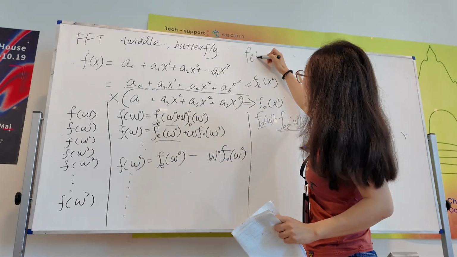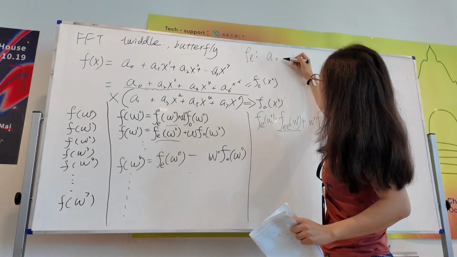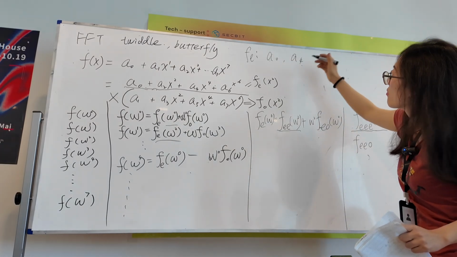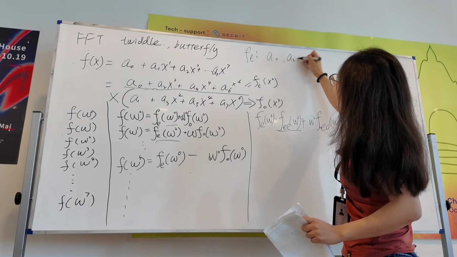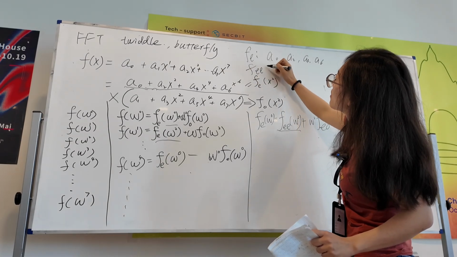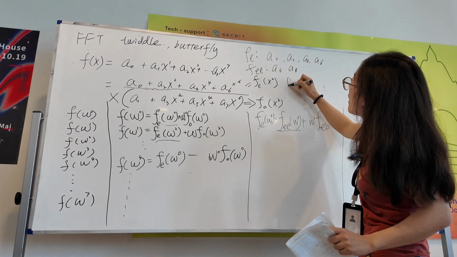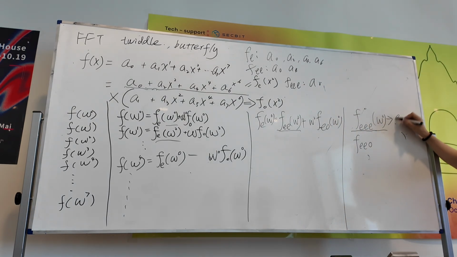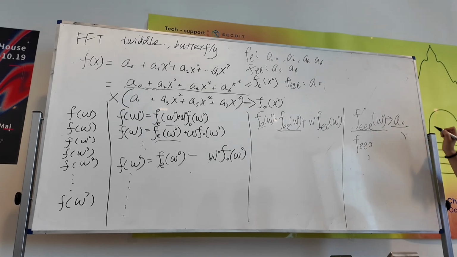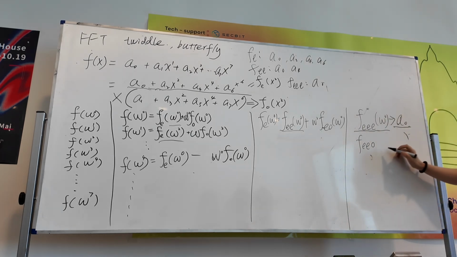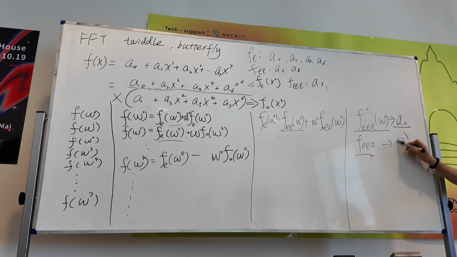In FE we have A0, A2, A4, A6, and in F even we have A0 and A4, and F even is A0. So this eventually becomes A0. And then this one is actually A4.